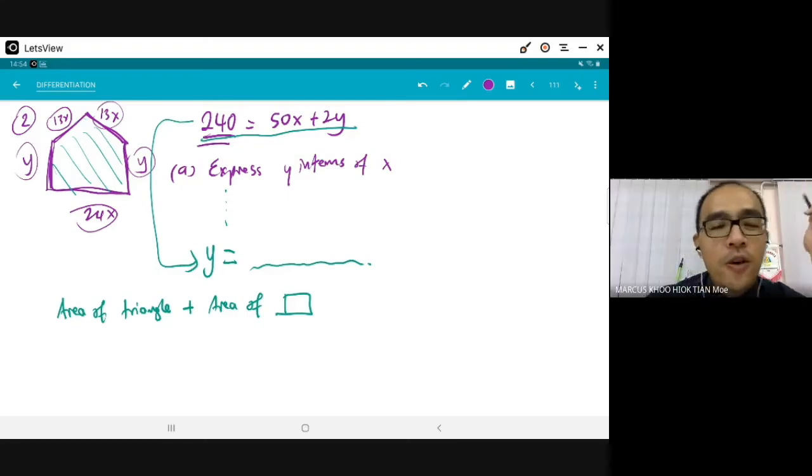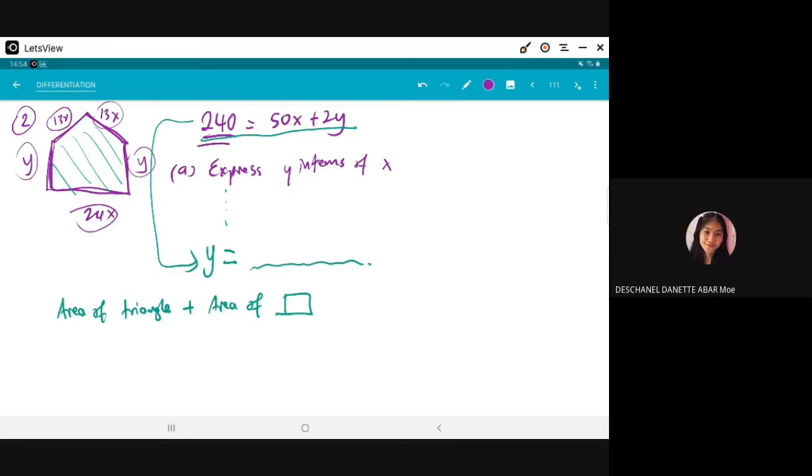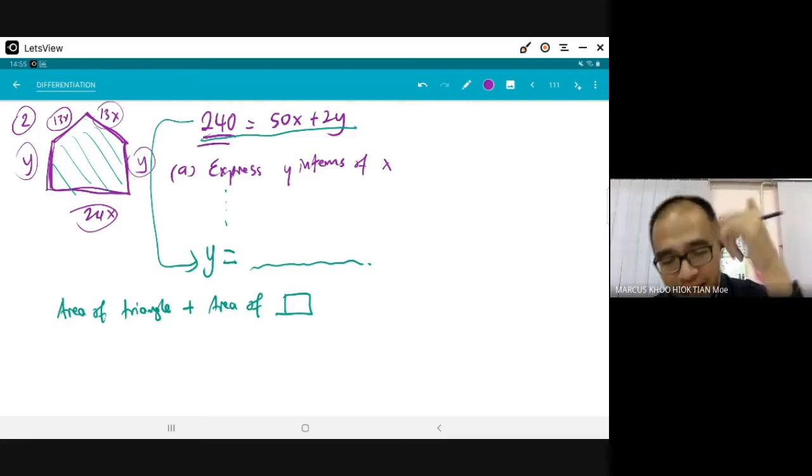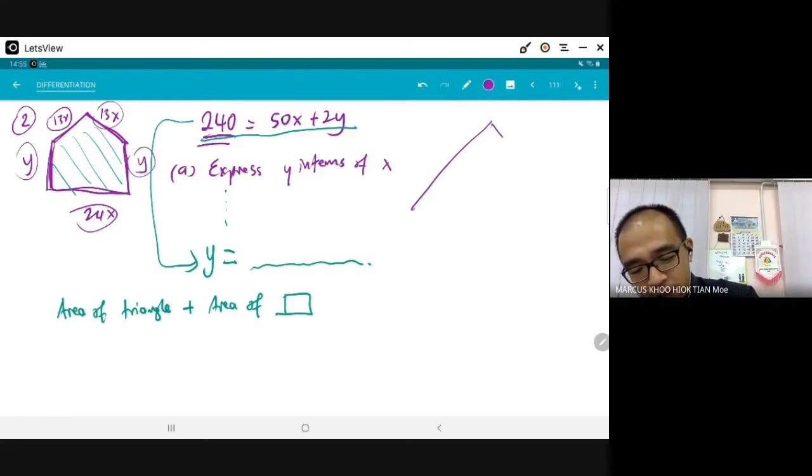How do you get 24x minus y? Sorry, bukan. Interesting. Okay, let me break down the triangle for you. This is 13x, this is 13x, okay?